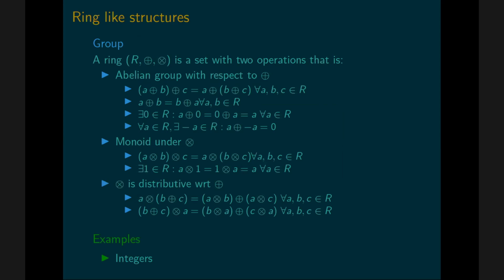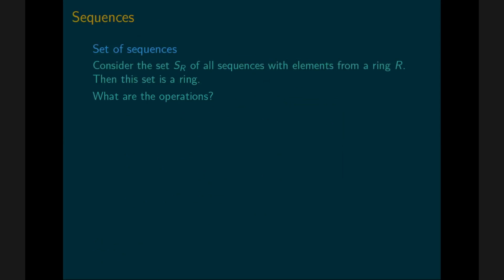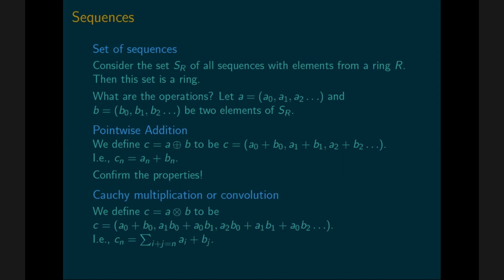And then we have ring-like structures. I will update my slides. I'm very sorry, it's not a serious mistake, but maybe misleading. Then we saw how we define operations on sequences, convolution and addition.